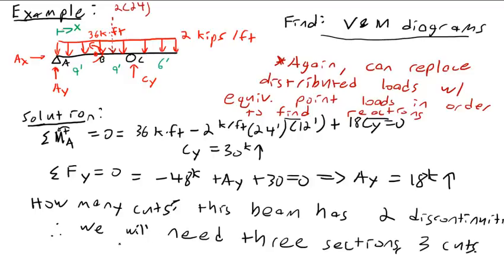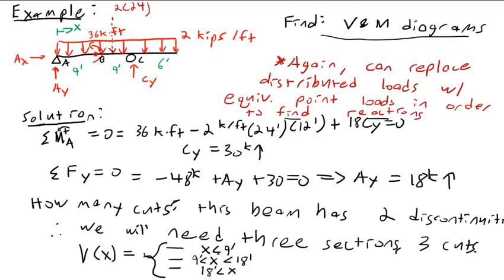In the end what we're going for is something like V of x as a piecewise function: one where x is less than 9 feet, one where x is between 9 feet and 18 feet, and another where x is greater than 18 feet.